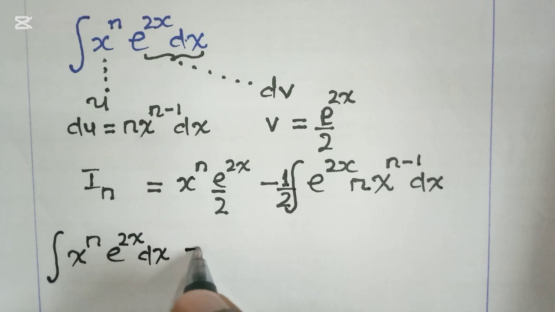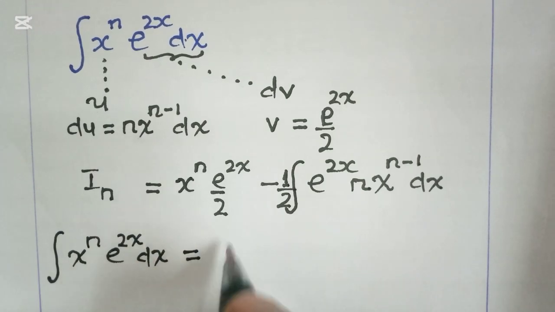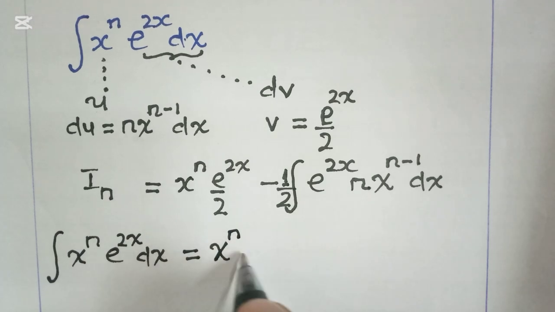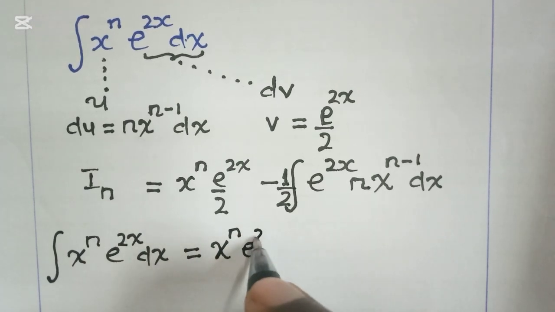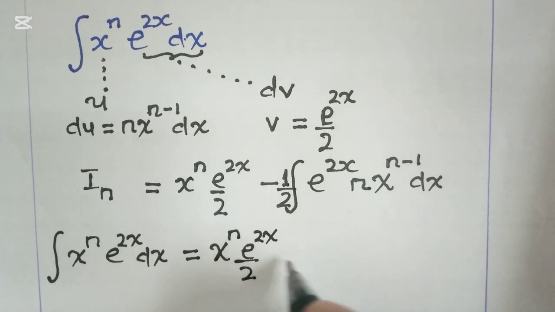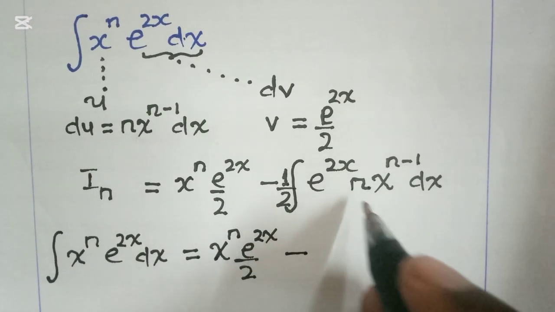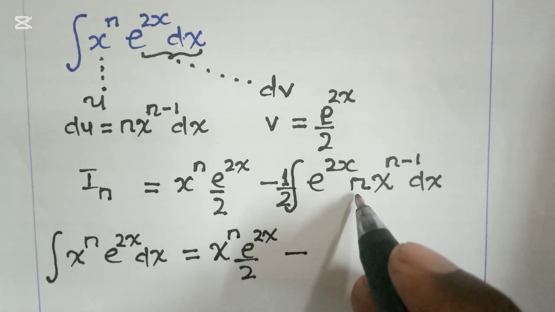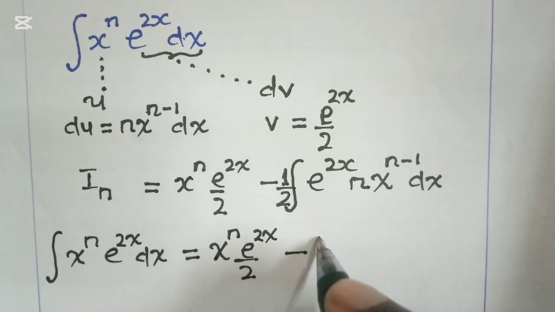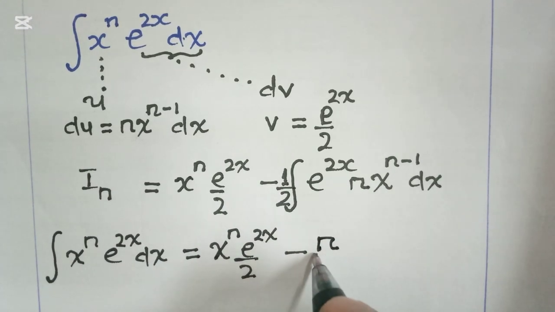This one gives us x raised to n e raised to 2x all over 2, minus, I can bring forward my n so that we have n all over 2.